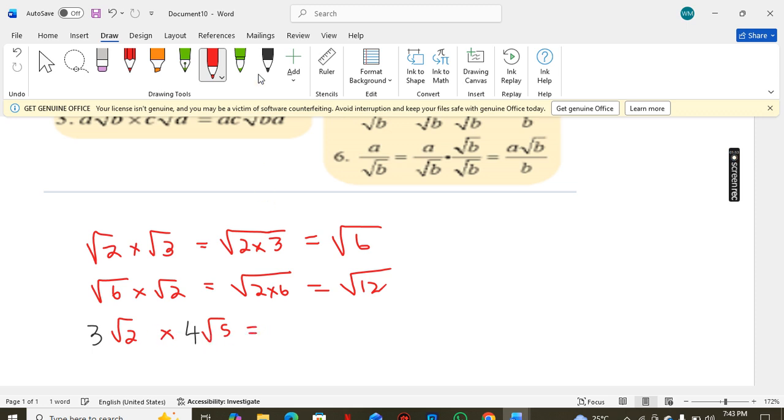So you're going to say 3 times 4. Then also here you have the root of 2 times 5. Okay, therefore your answer is going to be 12 root of 10.